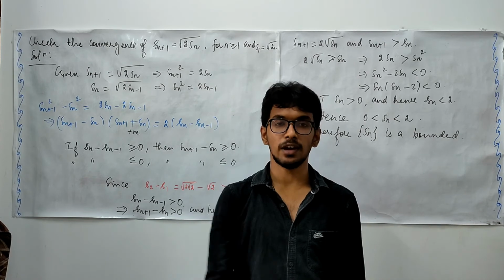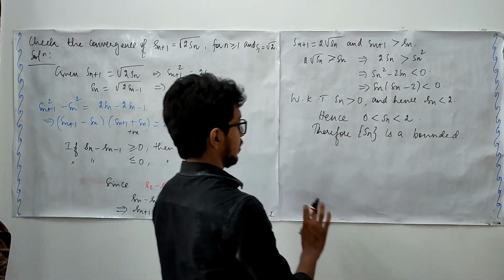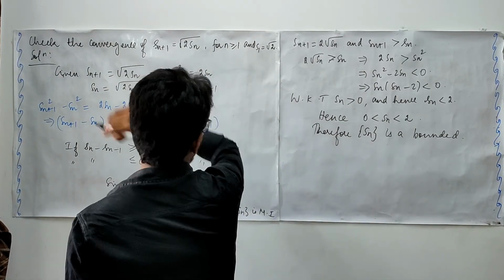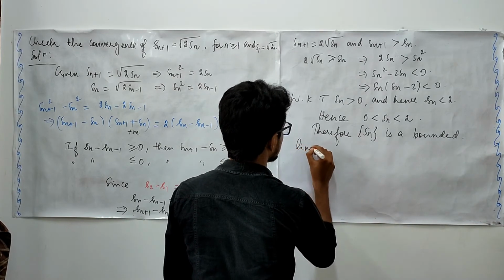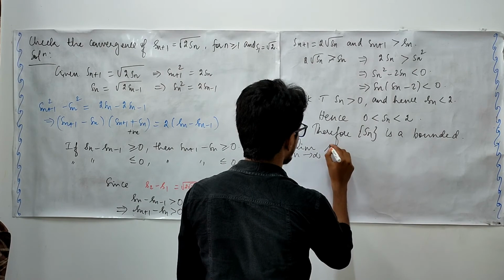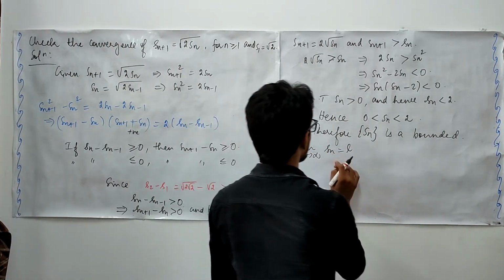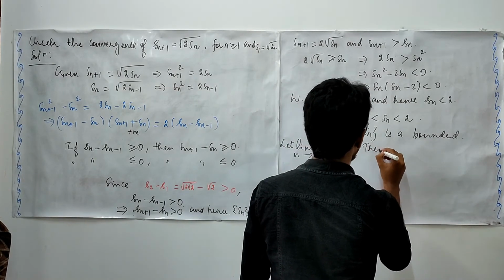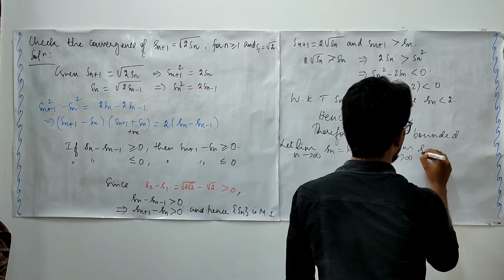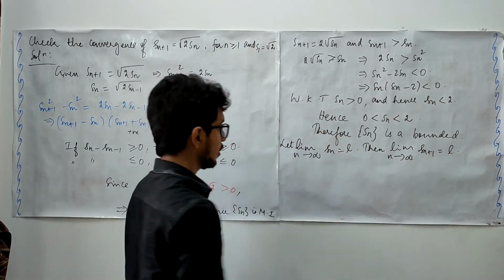Now the question is to find the limit of the convergent sequence, right? Now, okay, what is the thing? Again we will start with the limit. Let us take limit n tends to infinity Sn is equal to L. Okay, when limit n tends to infinity Sn is equal to L, then this also tells you limit n tends to infinity Sn plus 1 is also L. Right?